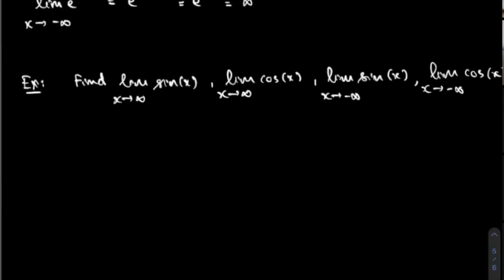Right. So as you remember, the sine and cosine functions are periodic functions. Right? So it goes on forever. So when you want to find the limit of these functions as x approaches either positive infinity or negative infinity, you cannot find the limit. In other words, the limit does not exist.